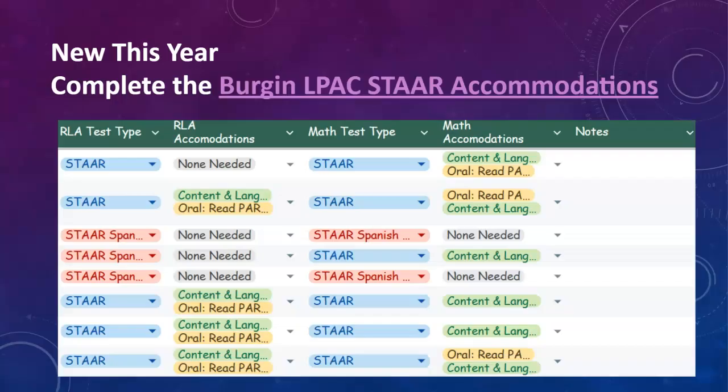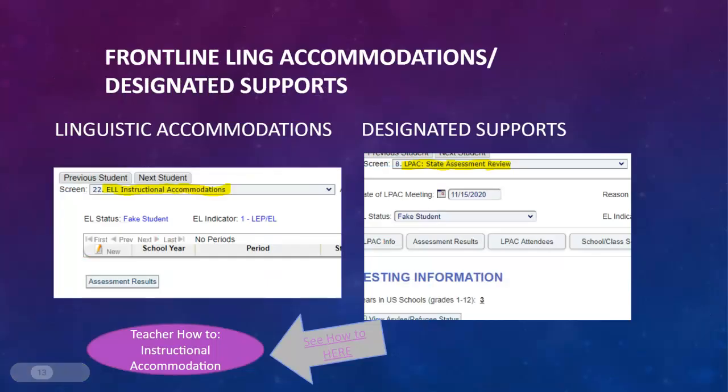After you and your co-teacher have completed the spreadsheet showing the language of testing along with accommodations, please make sure that you are coming into Frontline. The linguistic accommodations should have been updated by now by the reading teacher, but the designated supports, each of you will do your own.